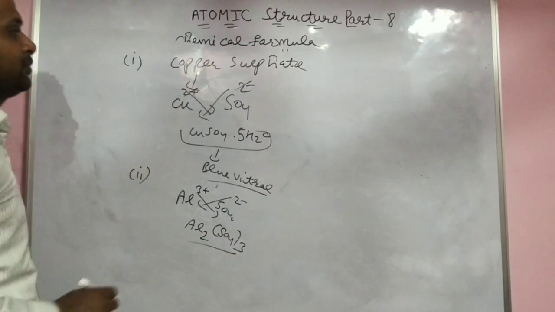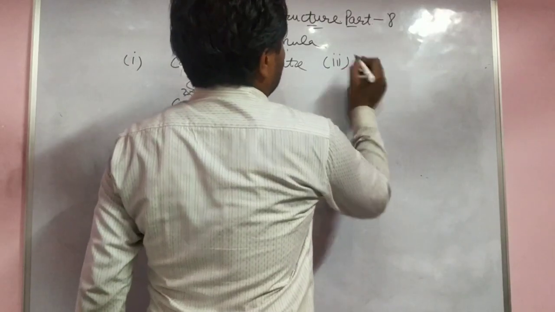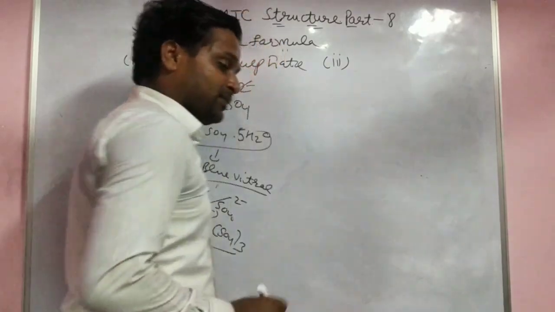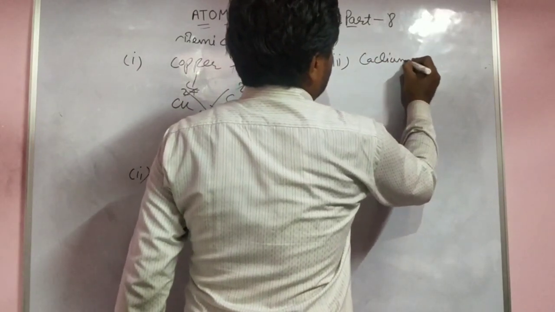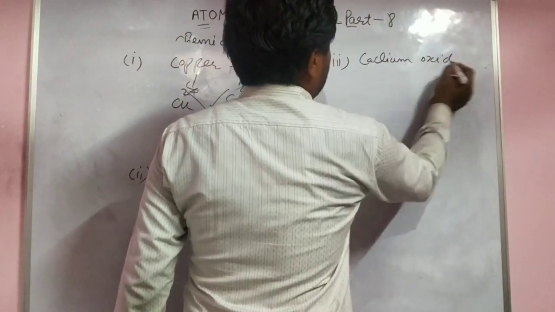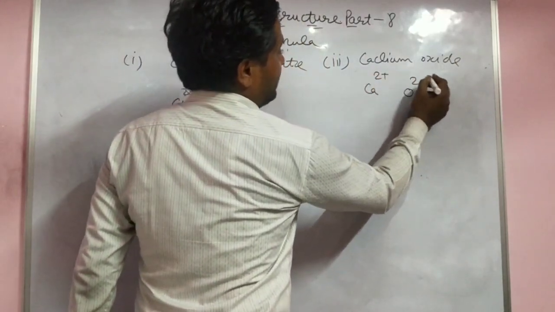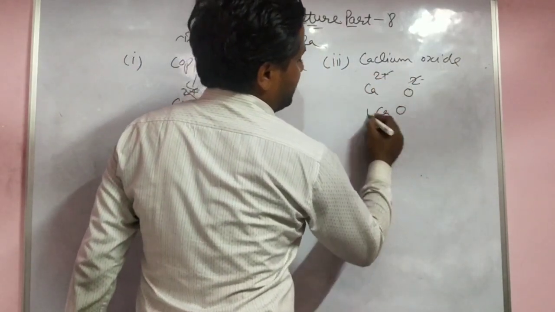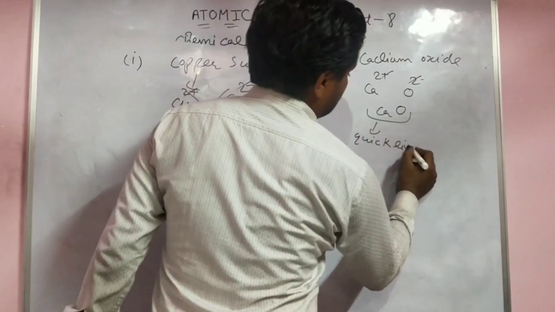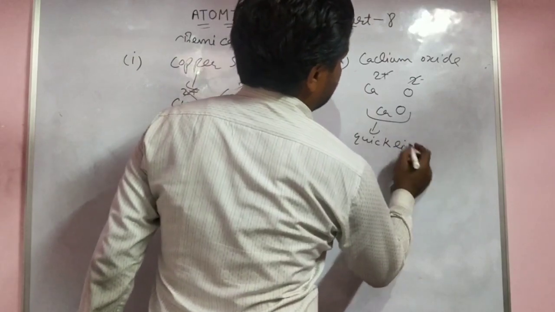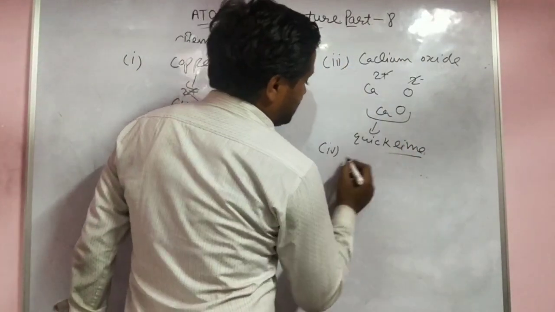Very easy. Now we discuss the oxides. Calcium oxide: calcium 2 positive, oxide 2 negative, cut. Its common name is quicklime.